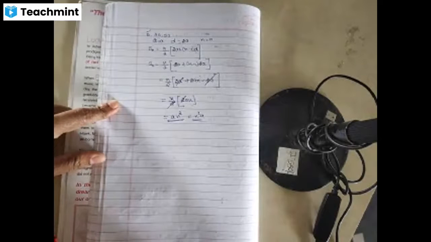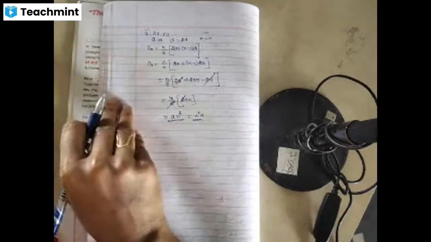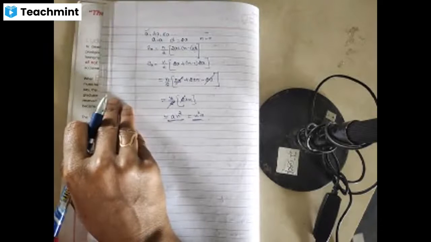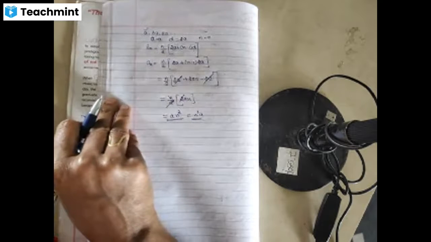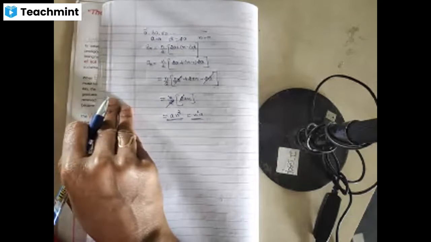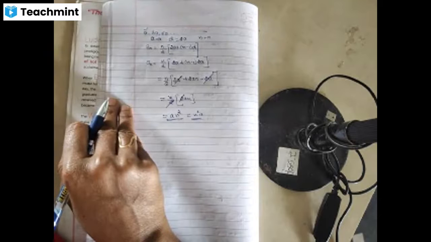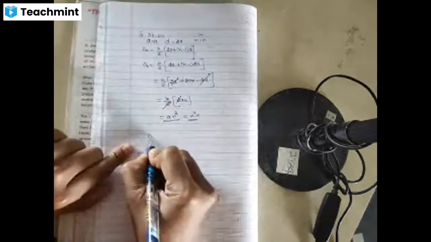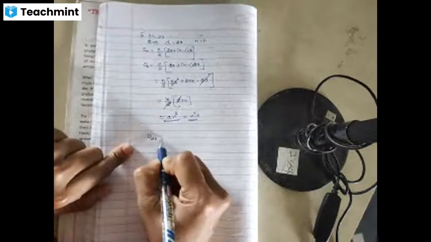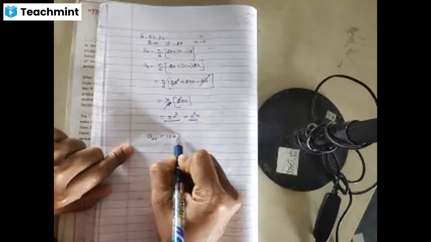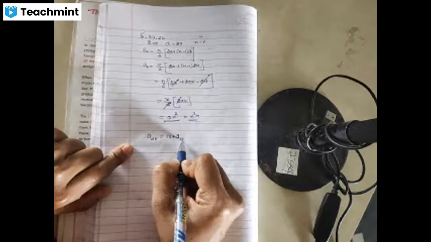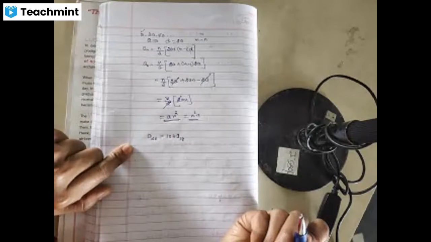Next one. The common difference of the AP for which the 20th term is 10 more than the 18th term. We must find it. We'll open this one, we will see what we will get.